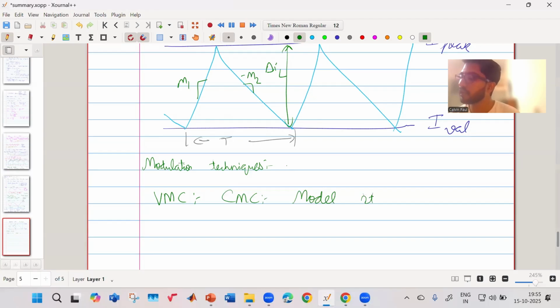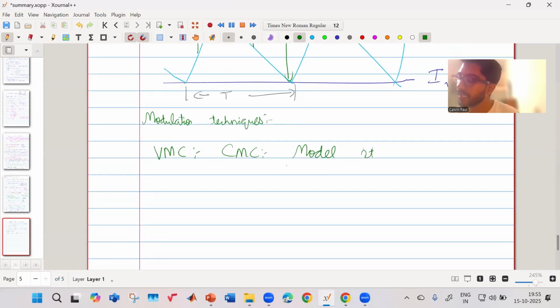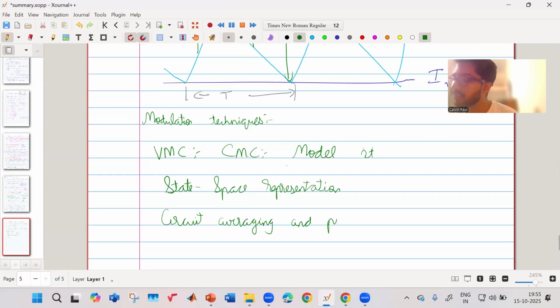So for modeling, what do we do? We have your state space representation. This is one approach. Another is based on circuit averaging and perturbation.